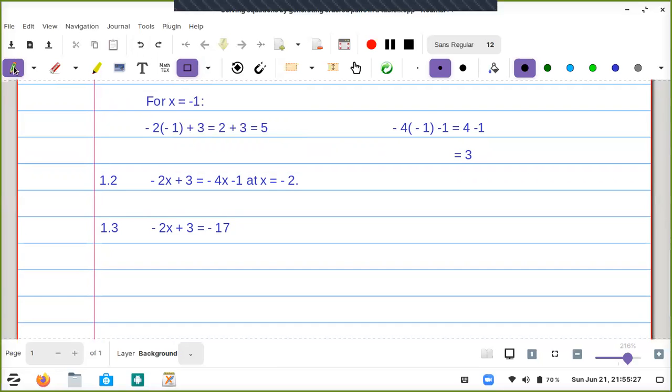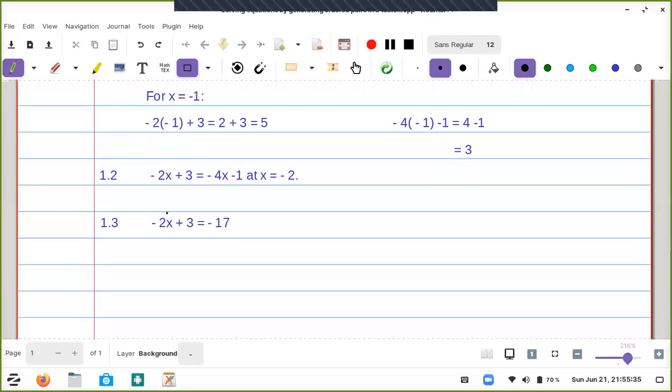The rectangle, I'm unable to remove it. Anyway, I then have to transpose. I just wanted to draw a curved line there.